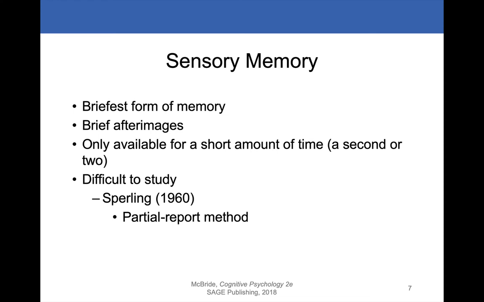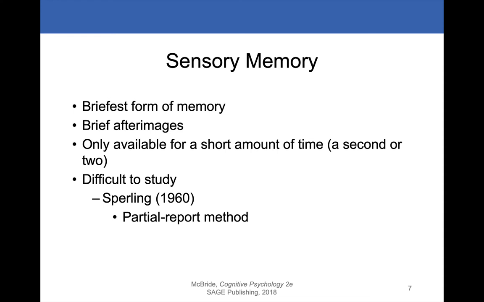It's the visual representation of a scene that exists in its sensory form, and then it's lost from sensory memory within a second. Since it's so short, it only lasts maybe a second, 2 seconds at the most.